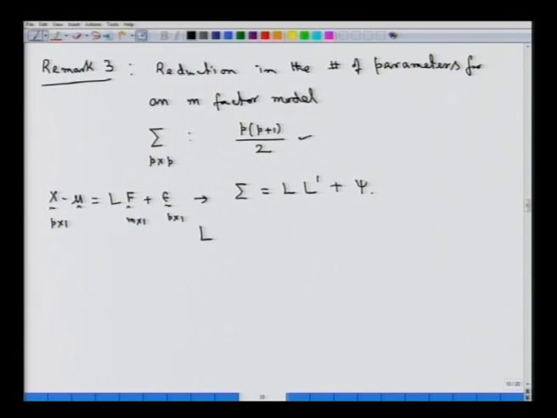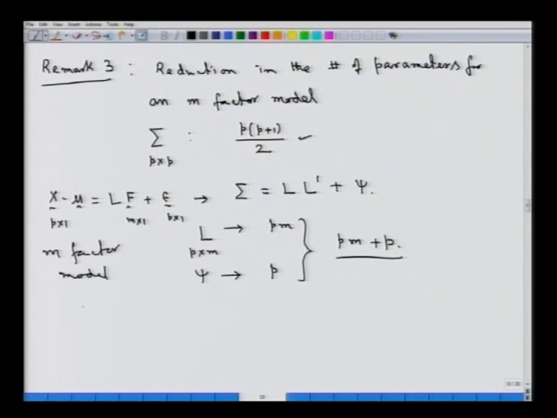Now, what's the number of parameters that we have in here? In case of this m factor model, this L is a matrix of p by m constants. So, there are p times m entries in L, and this psi, remember, is a diagonal matrix of order p. So, there are p entries in this. So, collectively in the m factor model, we have pm plus p parameters.